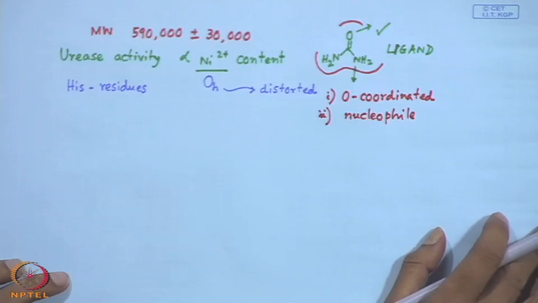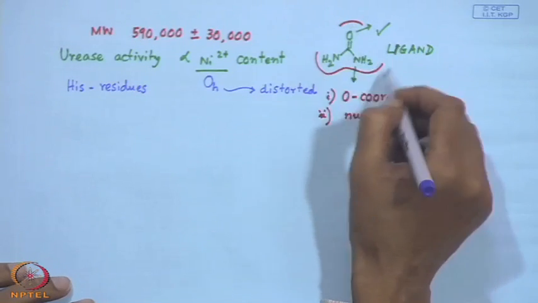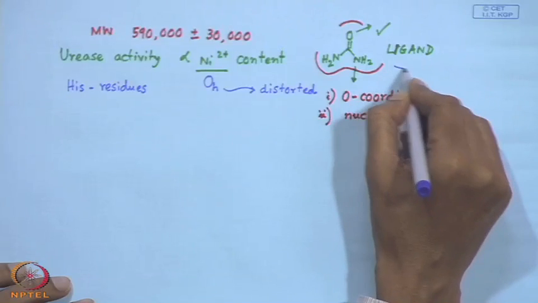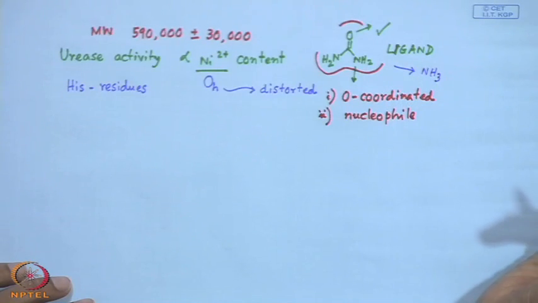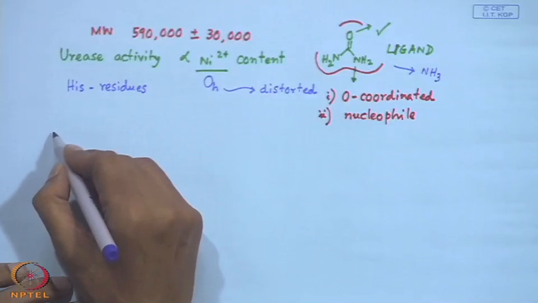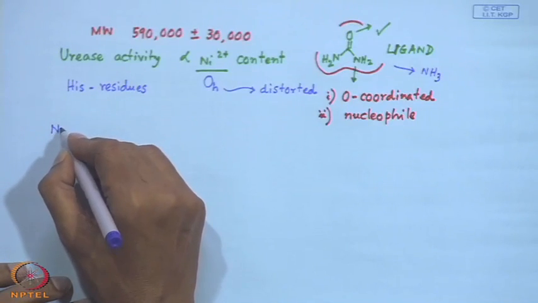So, when we talk about that, we are looking for something where your urea is consumed and we are producing ammonia. So, definitely we are talking about something which is directly related to the plant's nitrogen metabolism.